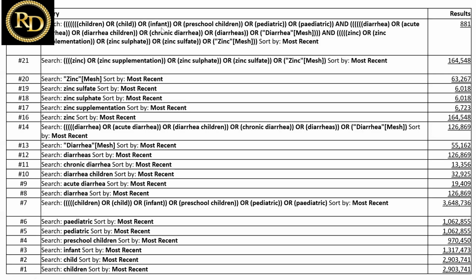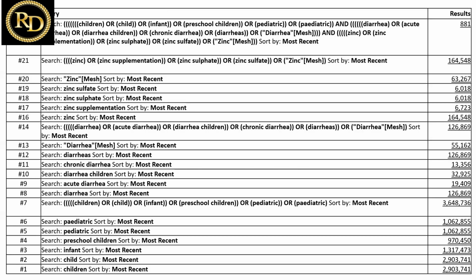So this is my final search result. 881 is my final search result. So now, after completing my search in PubMed, I can use this search strategy in other databases.